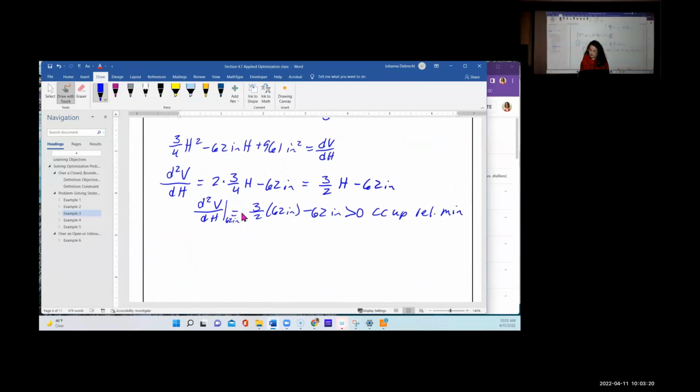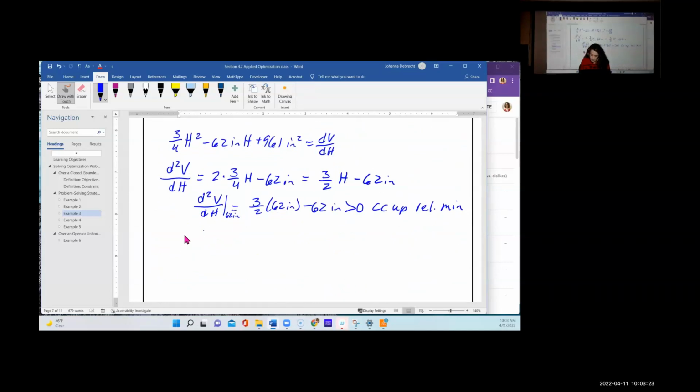So I can ignore that solution, and then I can plug in the other solution into the second derivative, which was 20.6 or 62/3. So I have 3/2 times 62/3 inches minus 62 inches.